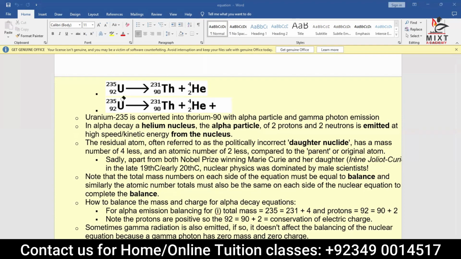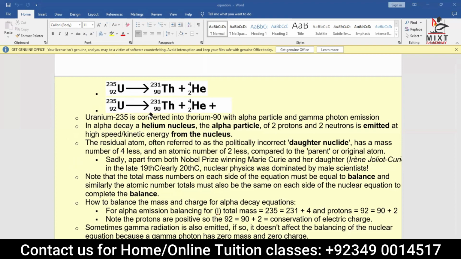So if I ask you the difference between uranium and thorium in this particular equation, can you tell me the number of neutrons in uranium 92, 235 quickly? 143. That is the number of neutrons.